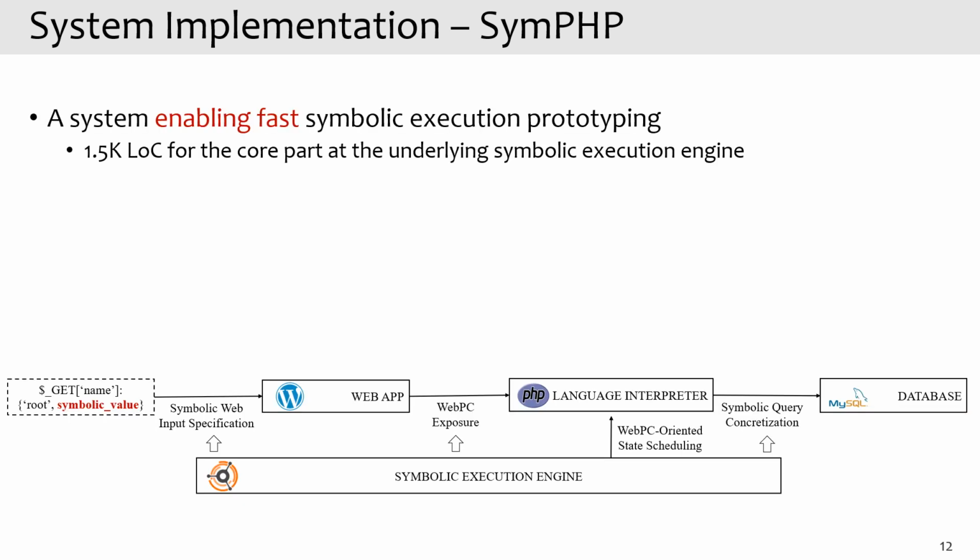We implement our system as a tool known as SymPHP. It is a system that enables fast symbolic execution engine prototyping. In particular, we implemented the core part of the underlying symbolic execution engine using 1,500 lines of code. This includes the basic state scheduling algorithms and the plugins to analyze the web PC values.